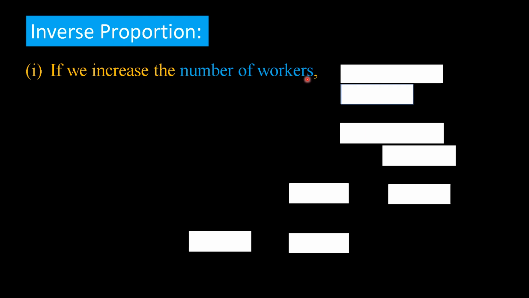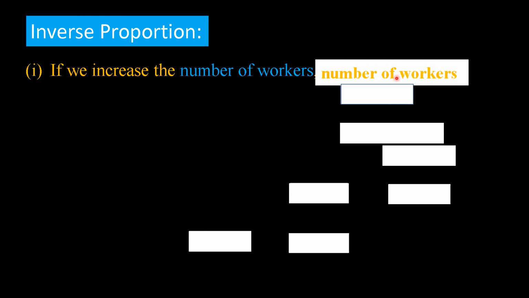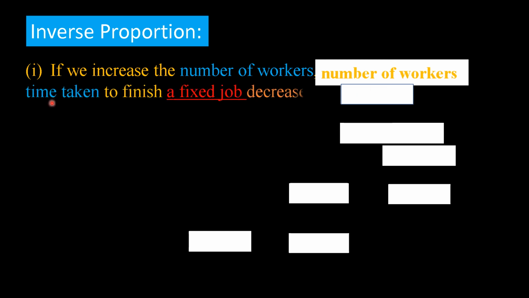To understand inverse proportion, we will consider two examples. Number one, if we increase the number of workers, time taken to finish a fixed job decreases. Here, number of workers and time taken are two related quantities.